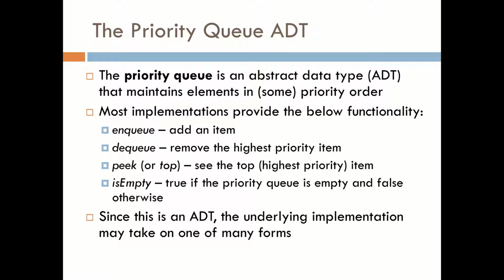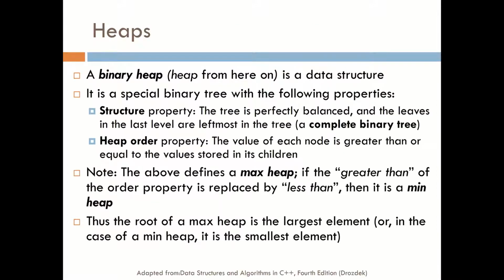Usually there are other functions, for instance, to create the priority queue, to empty it out, but these are some of the basic ones with functionality. Now, since this is an abstract data type, the underlying implementation is not fixed, and as such, we can implement it in a number of ways.